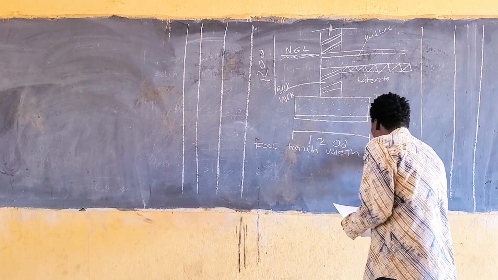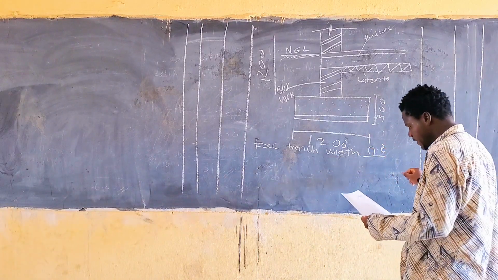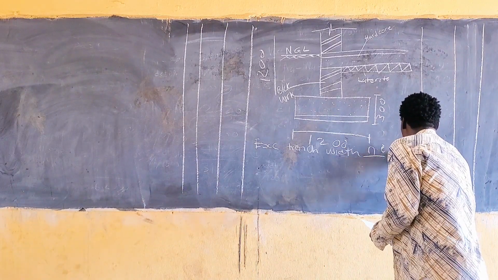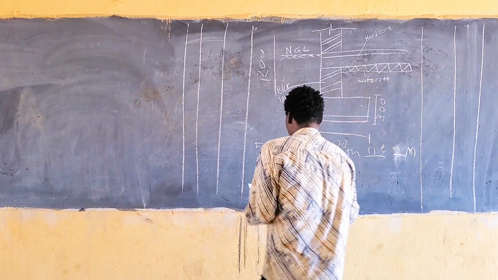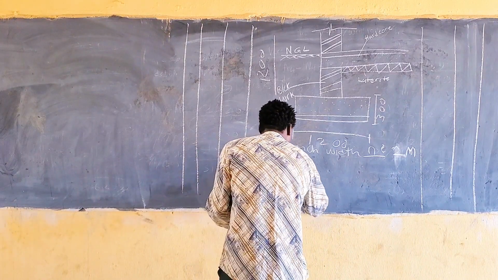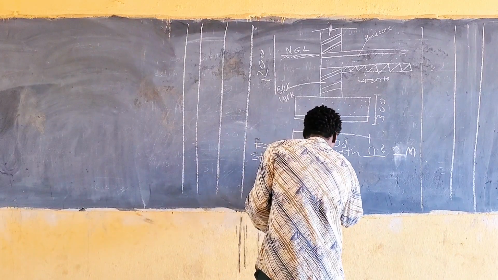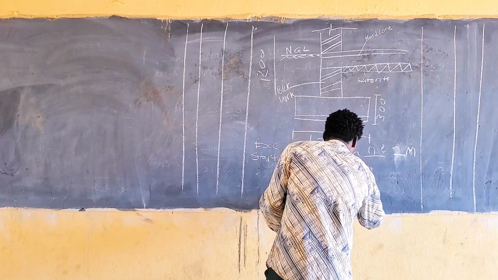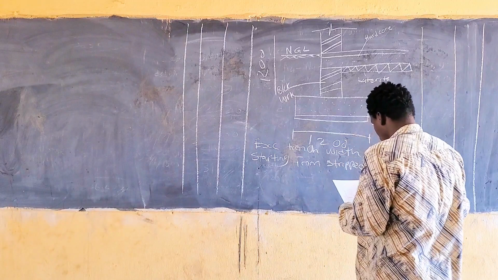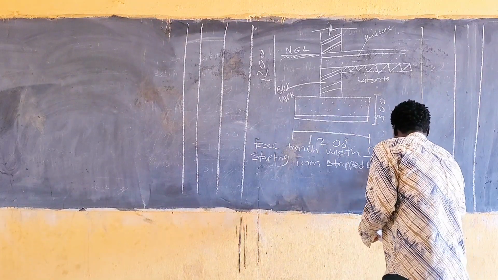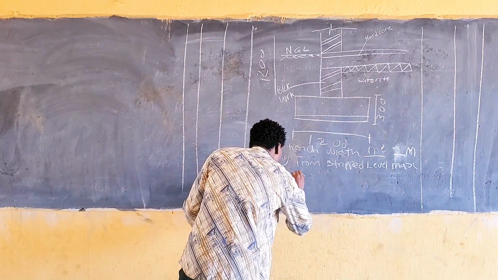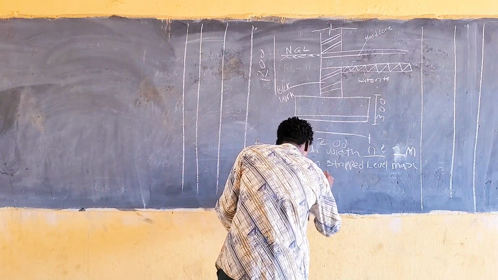This NE stands for width not exceeding 2 meter, starting from stripped level, max depth not exceeding 2 meter.